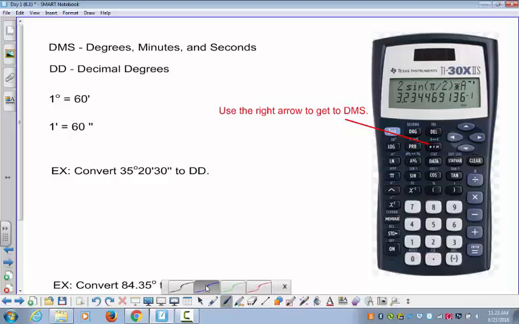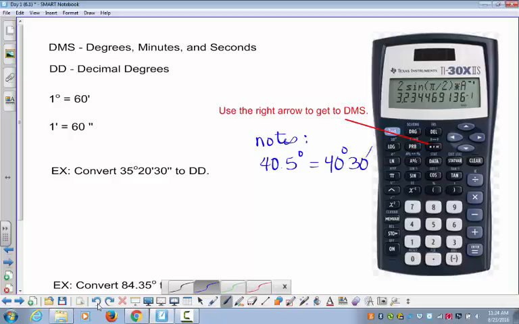Note that 40.5 degrees is the same thing as 40 degrees and 30 minutes. There are 60 minutes in 1 degree, so in half a degree, there are 30 minutes.